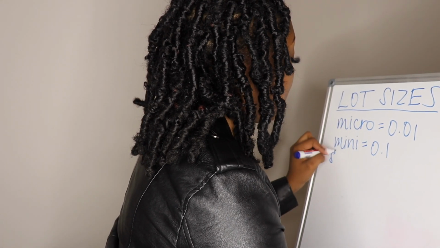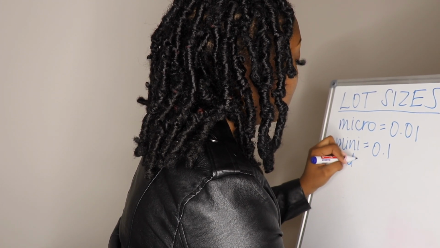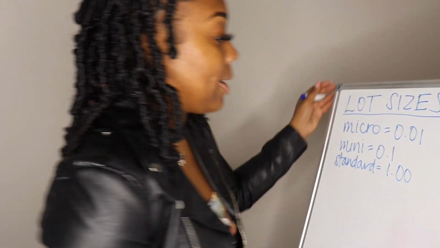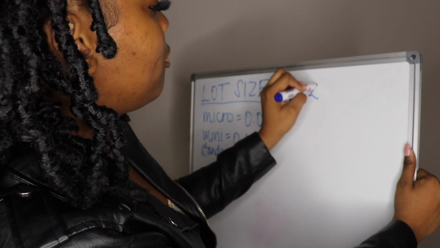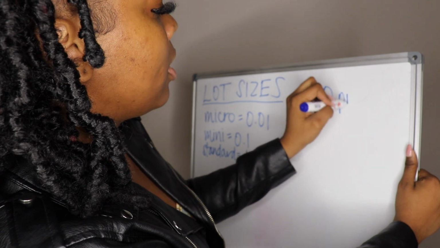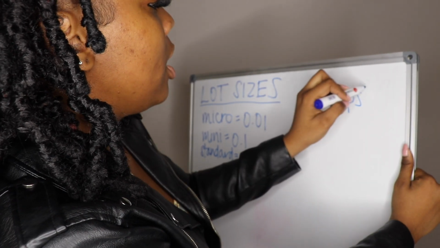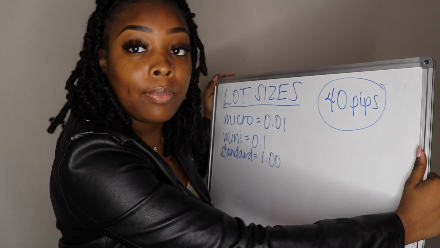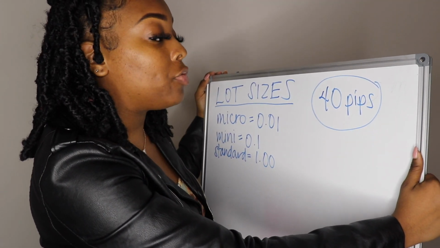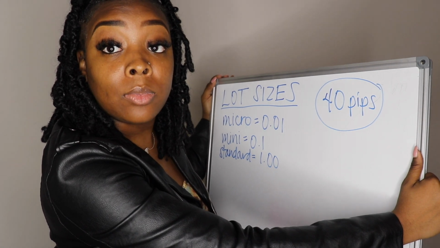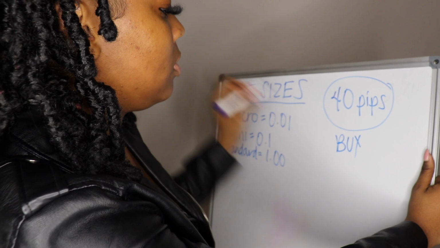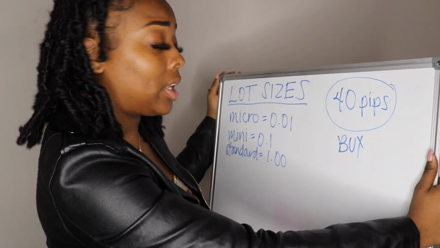Then you have your standard, which is 1.00. We're looking at a total of 40 pips. You see a trade, you're looking at EUR USD, and you see a move that's going to give you 40 pips. And let's just say that we're going for a buy.